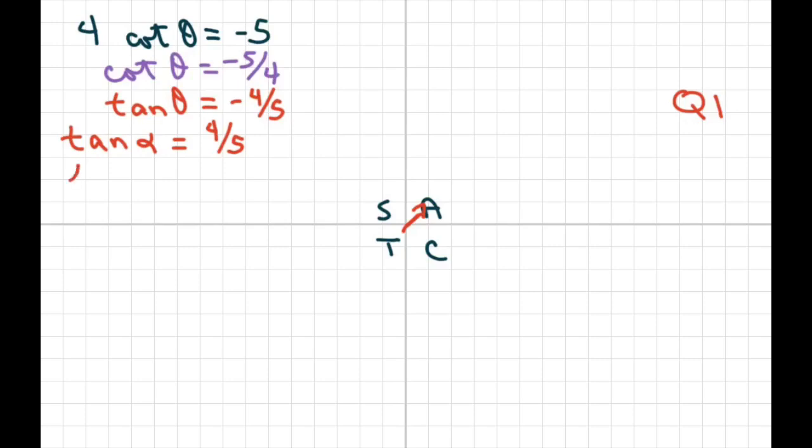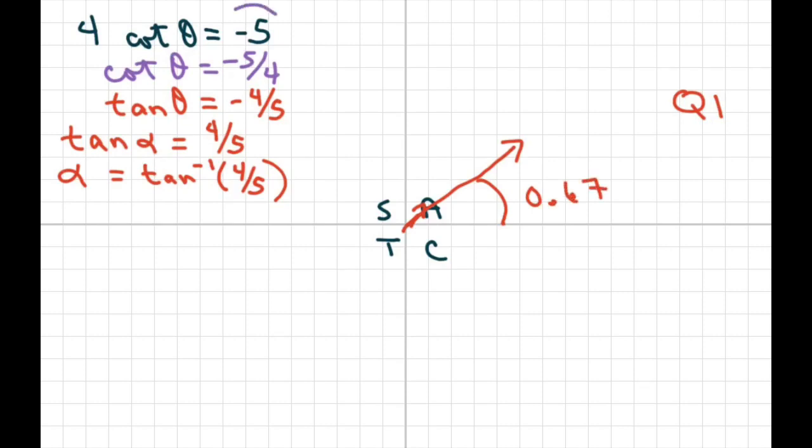So when I do the inverse tan of 4/5, I get, I'll put it up in here, 0.67. However, we know that it's negative. So we know we're really in quadrant 2 and 4, just like we did before. So you're going to do the same thing you did before.